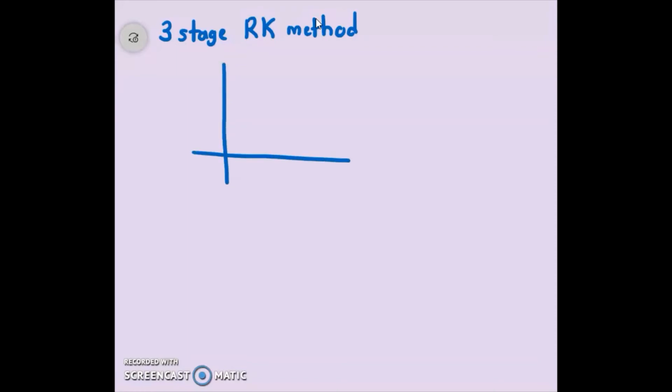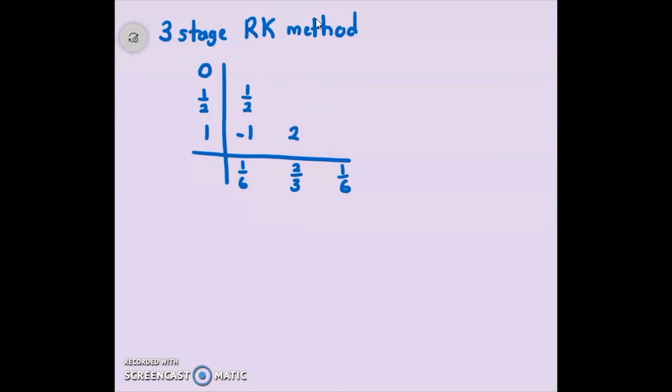So we have 0, half, 1, half, -1, 2, 1/6, 2/3, and 1/6. I want to write this 2 close to 2 thirds.